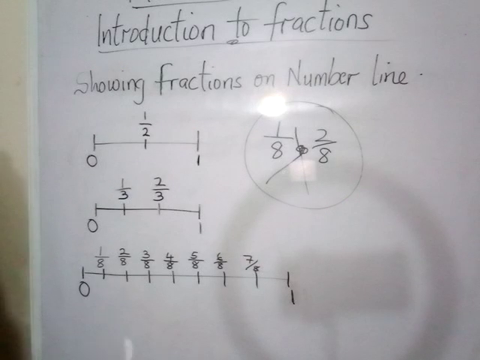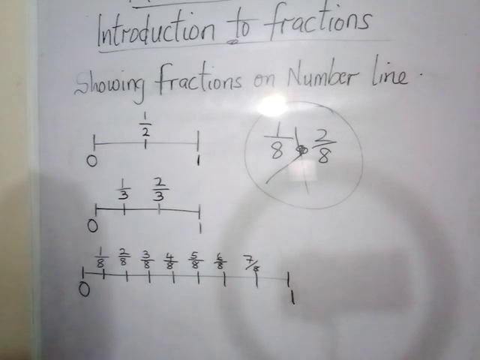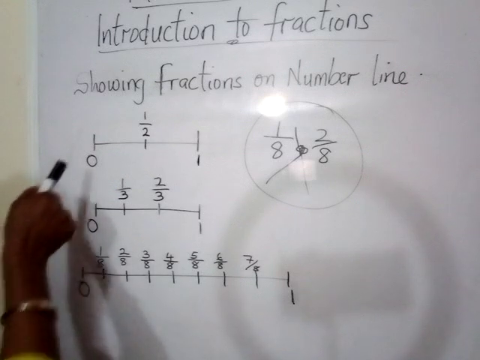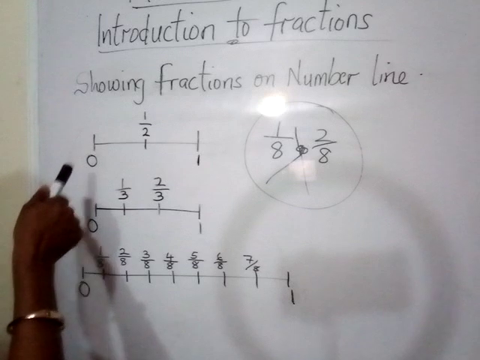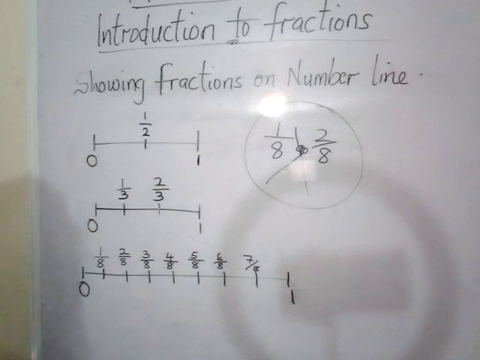Okay, so they just represent the part of it that is being looked into or considered, or the part that is taken out, and you write it all over the whole part. And the whole part, remember, combine to form one whole. So it is that mind of everything being one whole that we are using now in representing fractions on number line.